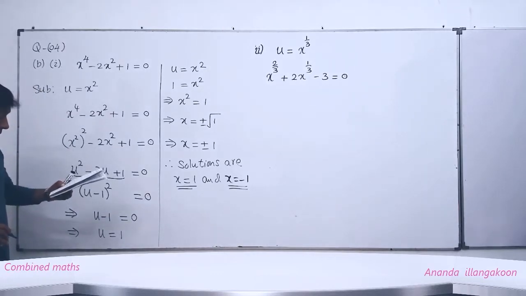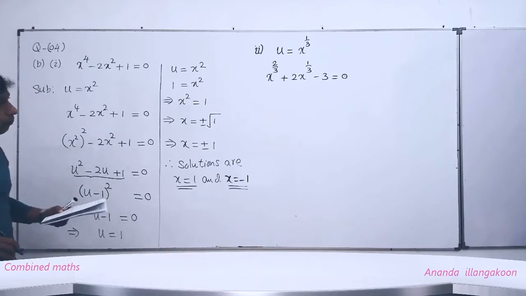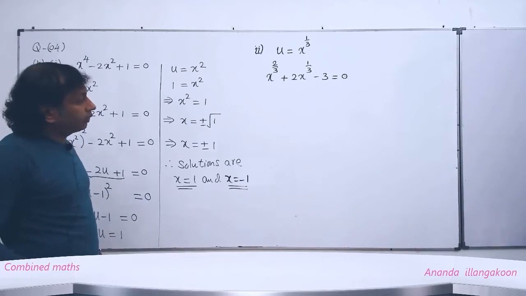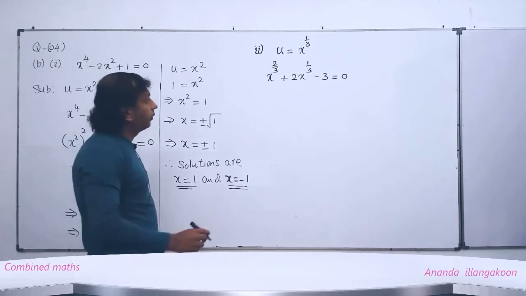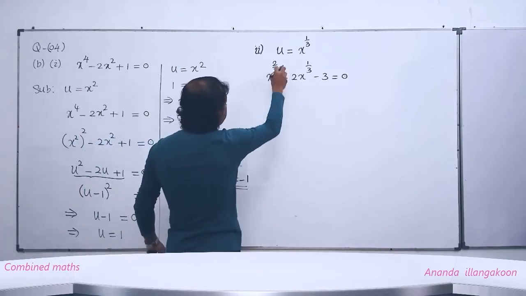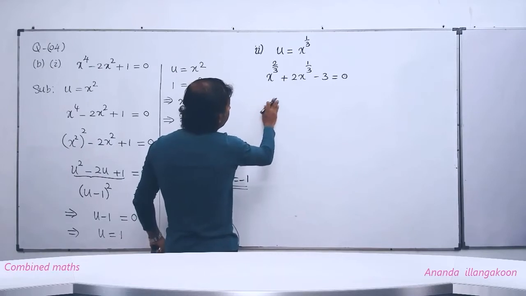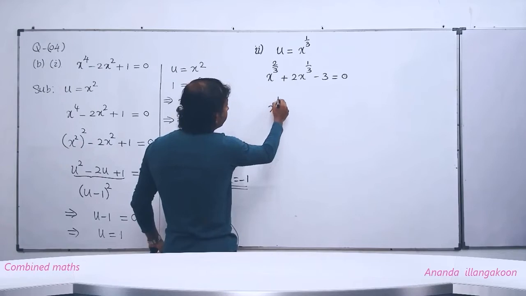There also, you are given a substitution, u equals x to the power 1/3. Now I can start to solve this equation like this. This x to the power 2/3 I can write as x to the power 1/3 whole to the power 2.